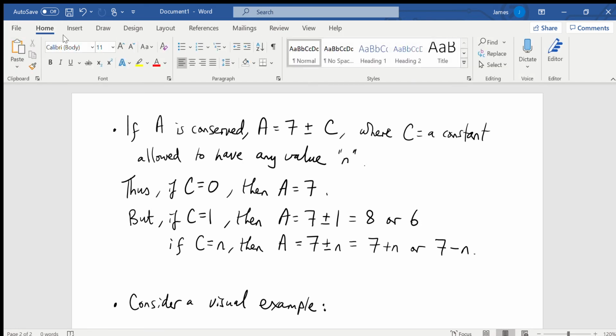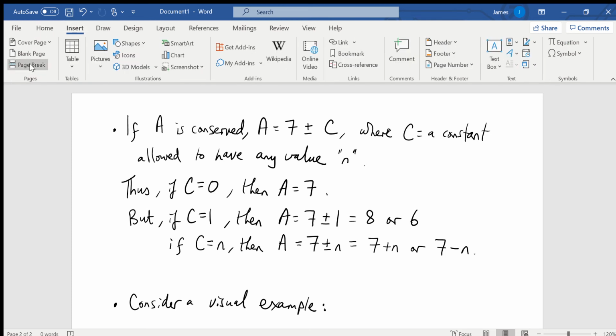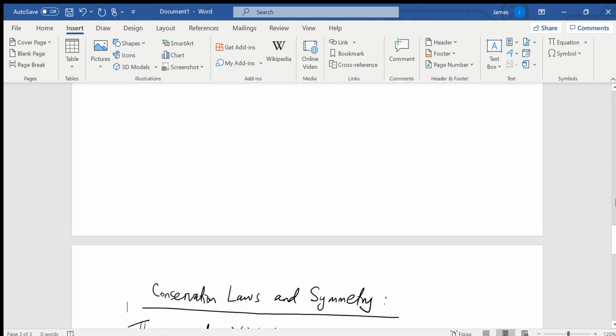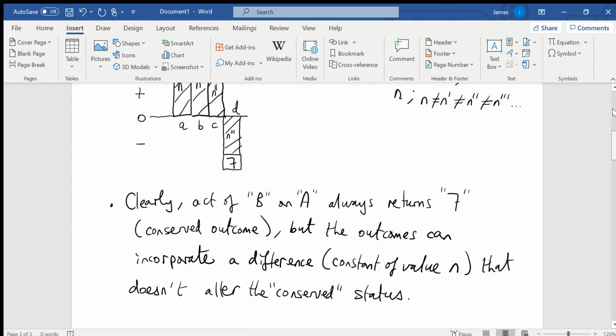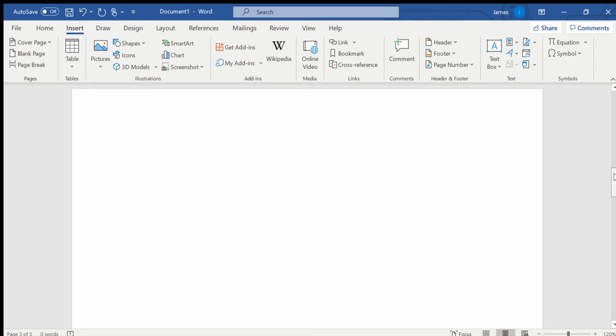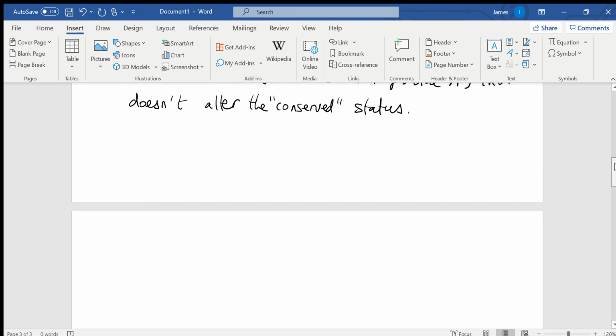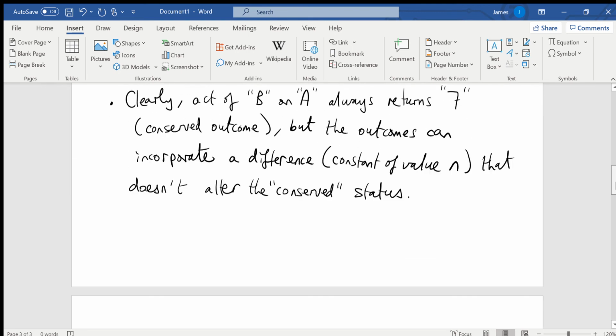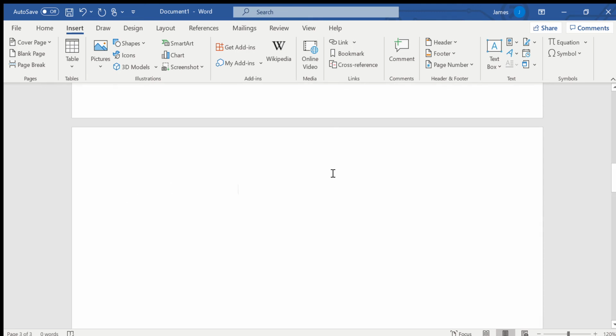Okay, let's move on to the next page. Okay, I guess it's put me here. We'll move on to this page.